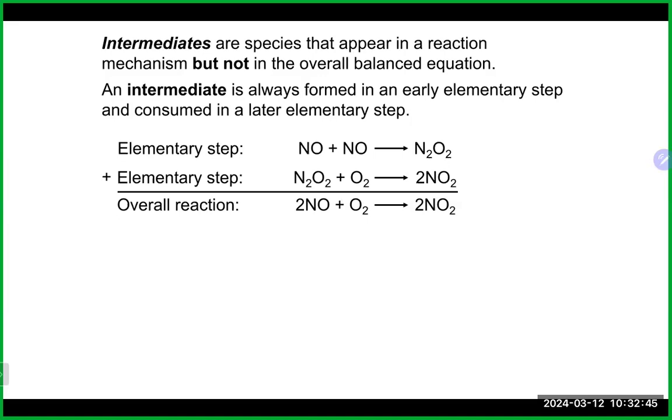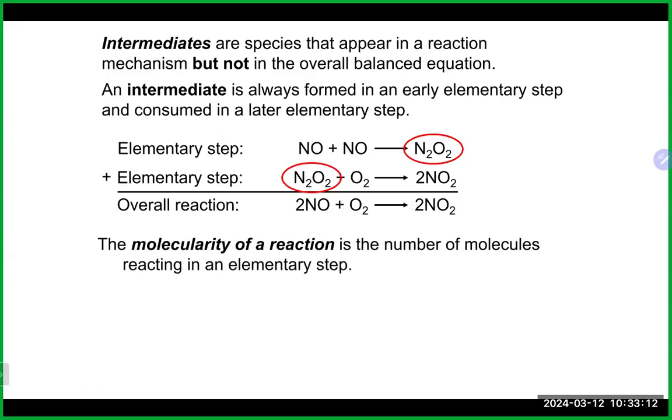Made early on, gets used up, not found at the end of the reaction. And in the example we just looked at, that would classify what N2O2 would be in this case, as it's clearly made early on and used up. So that's a really important distinction. It is possible to have some things reduced down during the process of a mechanism, but still be there at the end, which would mean that they are not intermediates if you still see them at the end of the reaction.